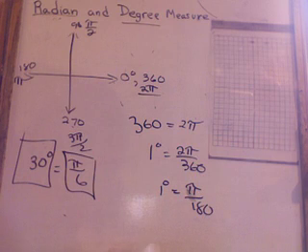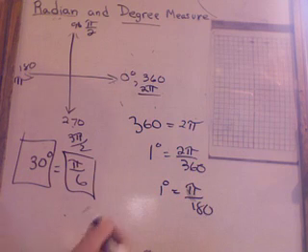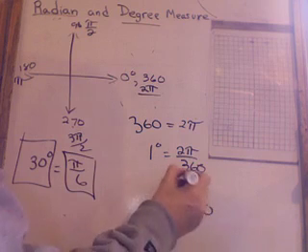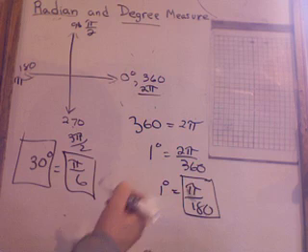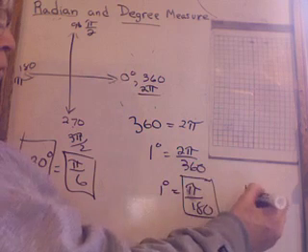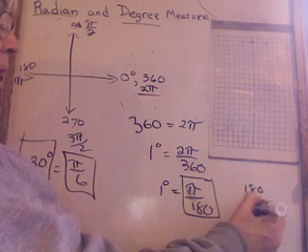So the conversion for changing degrees to radians is by multiplying by pi over 180. If I want to go from radians to degrees, I do 180 over pi.